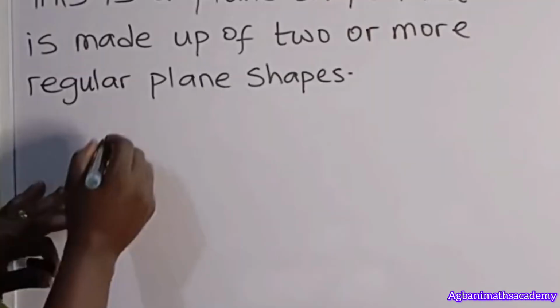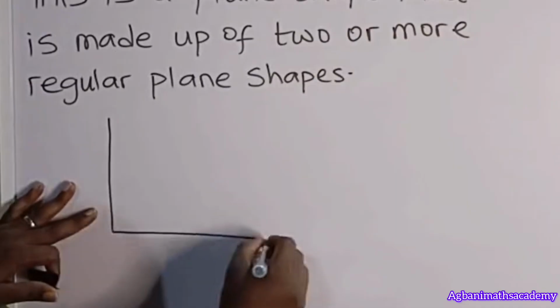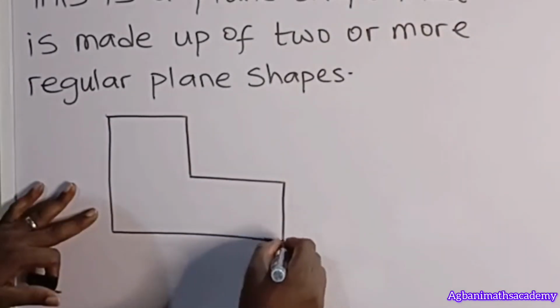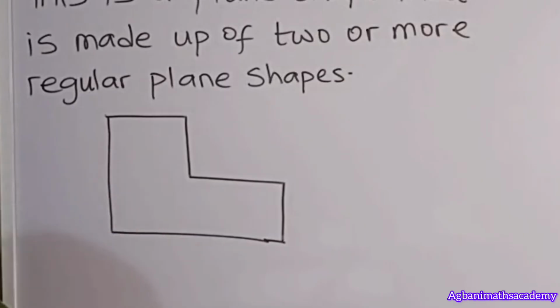For example, if I have a shape like this, and I ask you, what is the name of this shape? This shape doesn't have a name. You cannot say this is a rectangle, a square, a triangle, a circle, or any of those shapes we know.